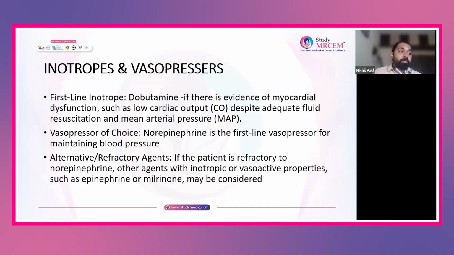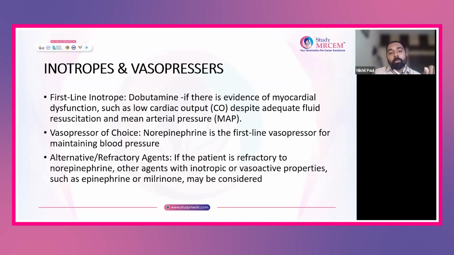Inotropes are indicated if there is associated cardiomyopathy. Sepsis is known to show cardiac depression or cardiomyopathy. If associated cardiomyopathy or left ventricular failure is present, you may have to start on inotropes. Vasopressors are also indicated if the blood pressure doesn't come up even after administration of fluids.